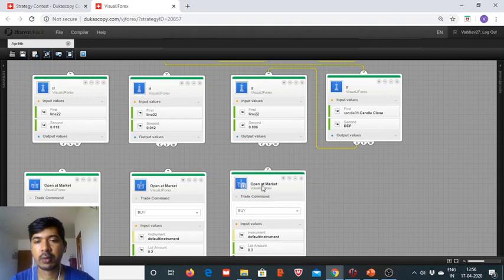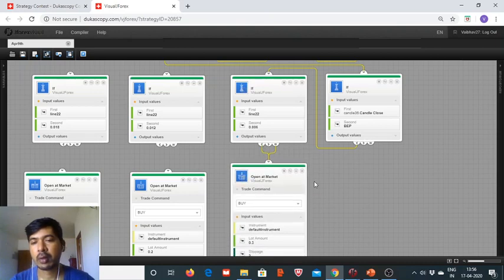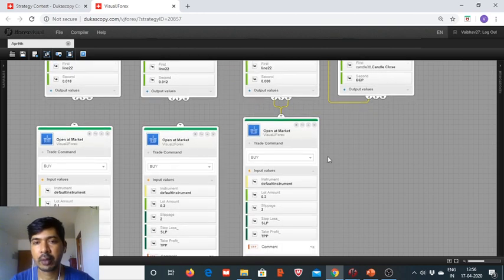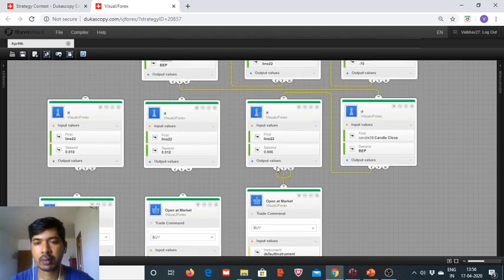So we connect this here, should be equal to or less than, and now it is greater than first input, greater than second input.